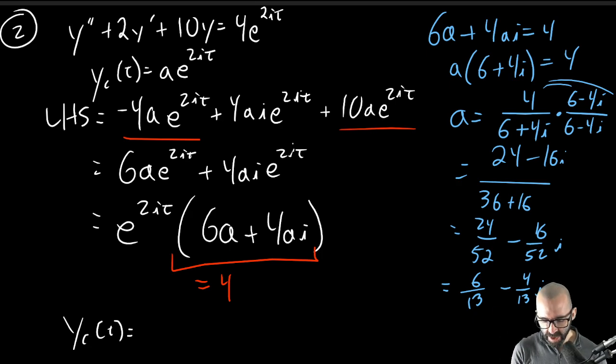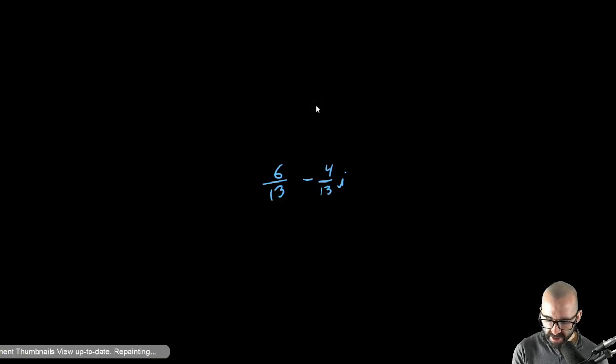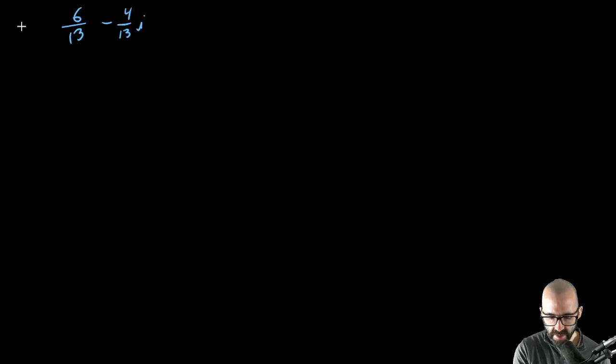And to do that, we're going to move on to the next page. So this is our A value. Let's write this in polar form so we can write the complex solution more manageably. And again, you could also be using undetermined coefficients with sines and cosines to solve this. That would also work. You should get to the same answer, but it just might not look quite as nice.